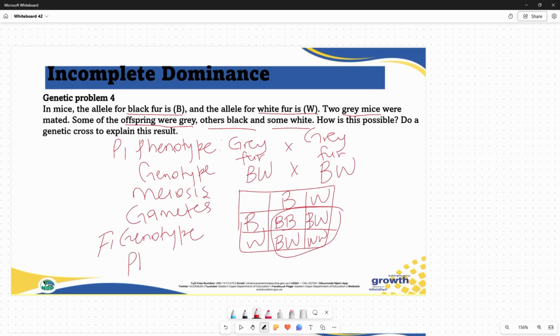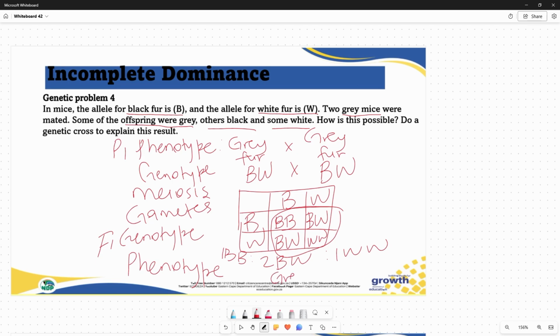Okay, then we write phenotype. Then under genotype there, we have 1 BB, we have got 2 BW, and we have got 1 WW. So now the BB, it means that now go back to the question. It is saying when 2 gray mice were mated, some of the offspring were gray.